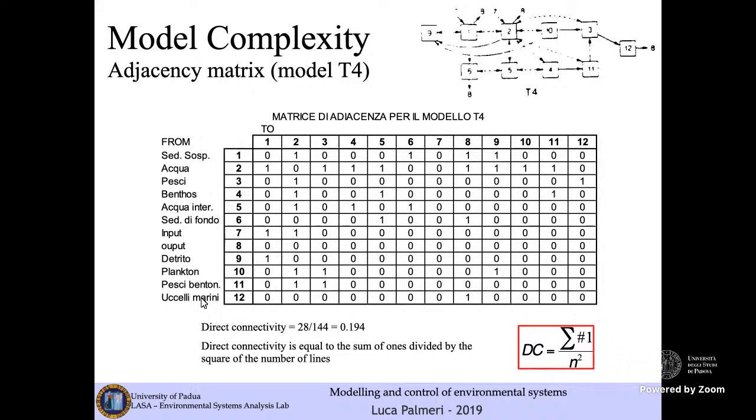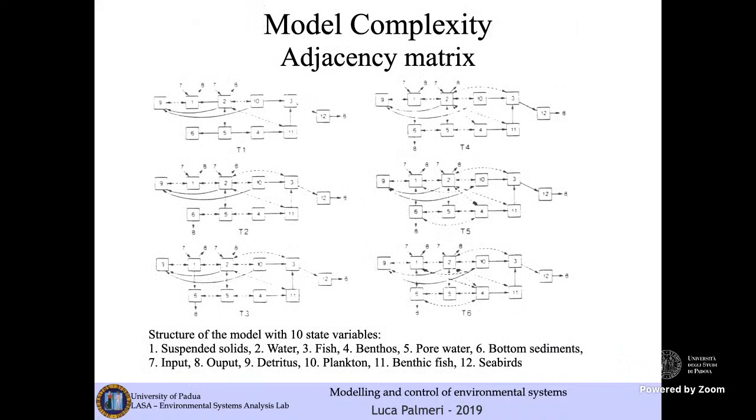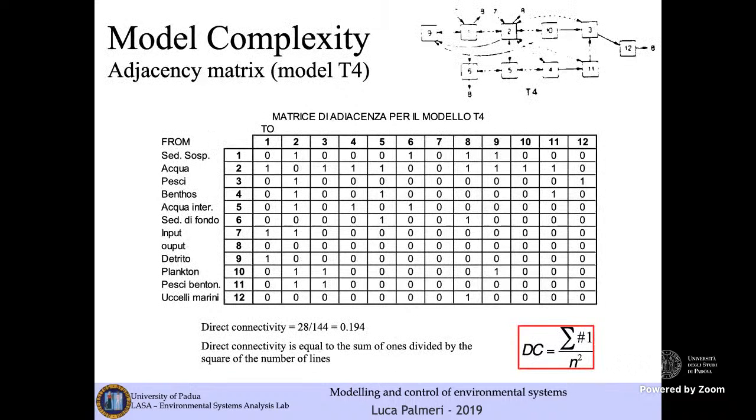There is a slight inconsistency because here I say that we have 12 state variables. Yes, with input plus output, it's okay, 12. So given that we have 12 elements, this matrix is 12 by 12, 144 elements.